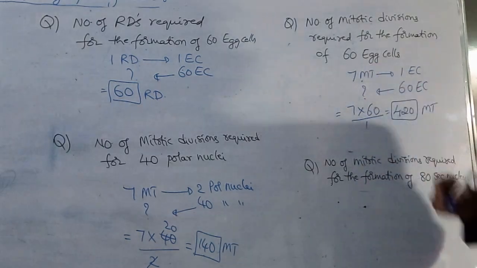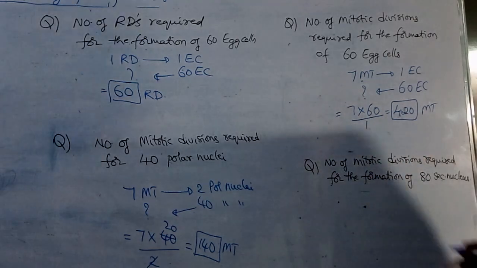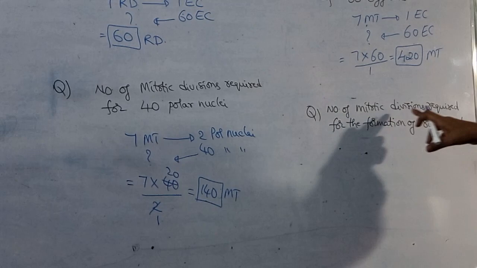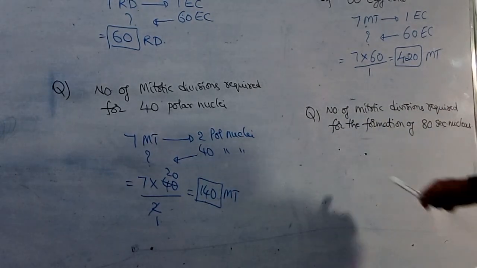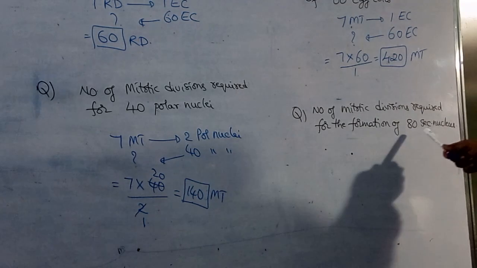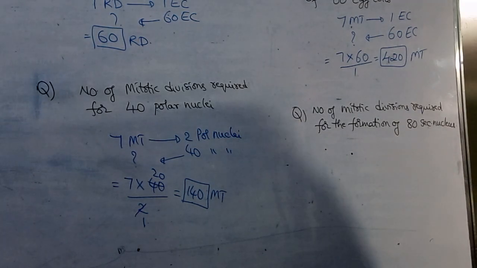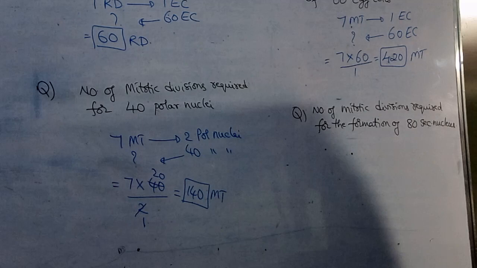420 mitotic divisions. And the next question, number of mitotic divisions required for the formation of 80 secondary nuclei. How many secondary nuclei are given here? 80. In the embryo sac, how many secondary nuclei are present? Only one.